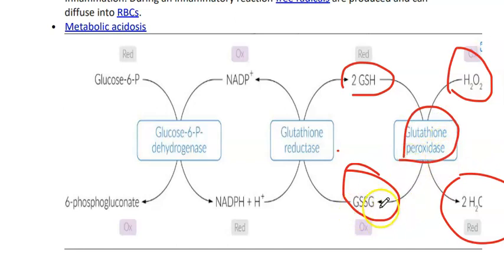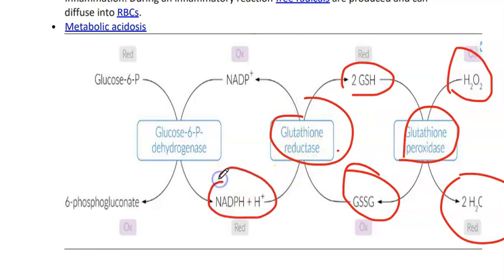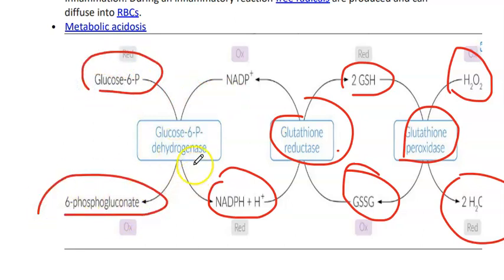Now the oxidized glutathione is converted back into reduced glutathione through the glutathione reductase enzyme, which requires NADPH for its conversion. We have a lot of pathways where NADPH is generated, but the important one is the hexose monophosphate shunt or pentose phosphate pathway, in which glucose 6-phosphate is converted into 6-phosphogluconate by glucose 6-phosphate dehydrogenase, and NADP is converted into NADPH.